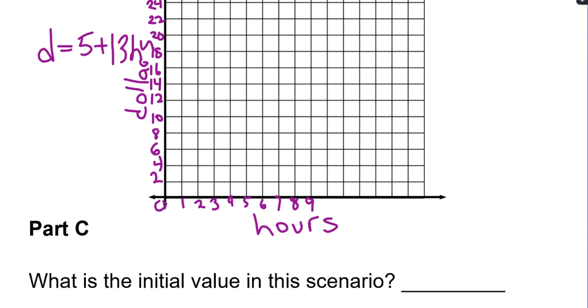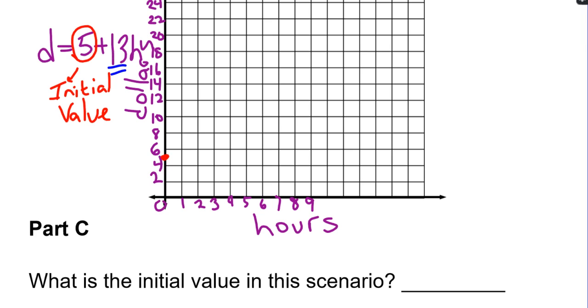Okay, so now how am I going to plot these points? Well, I see the initial value is 5 because the constant in my equation is 5, so that means after working 0 hours, you have $5. So that's going to go right there. And then I see a rate of change of $13 for 1 hour.